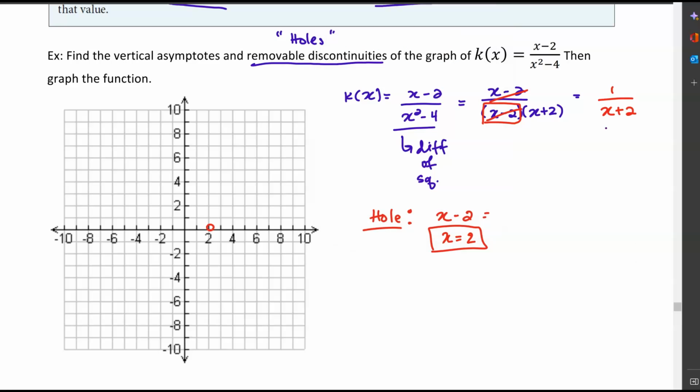I'm going to have a vertical asymptote. My VA is going to be at x plus 2 equals 0, where that denominator equals 0, so x equals negative 2. So here is my vertical asymptote.